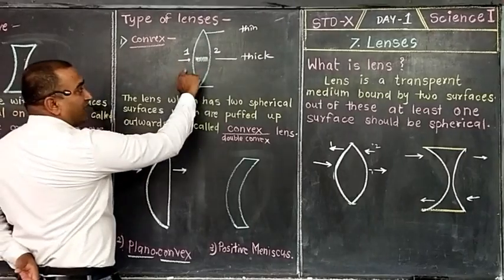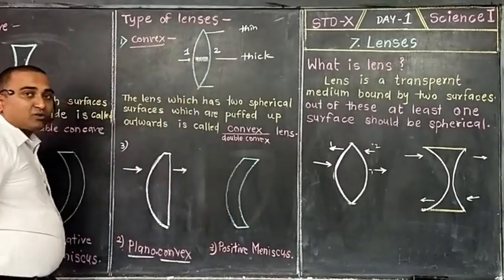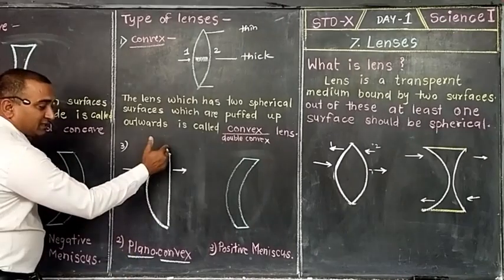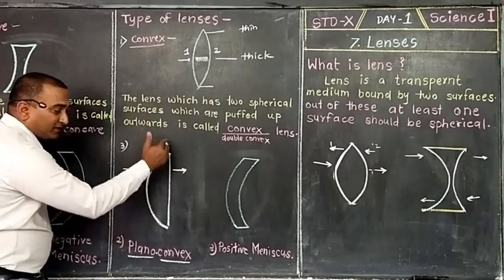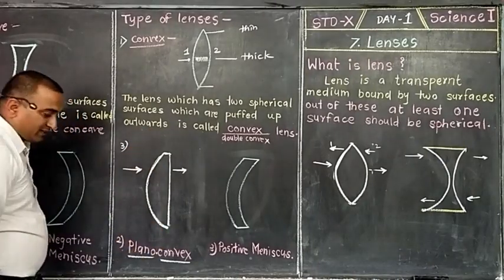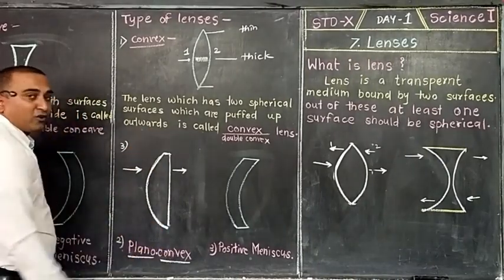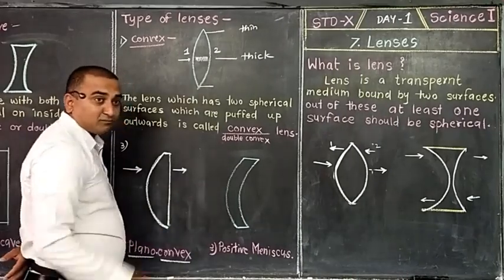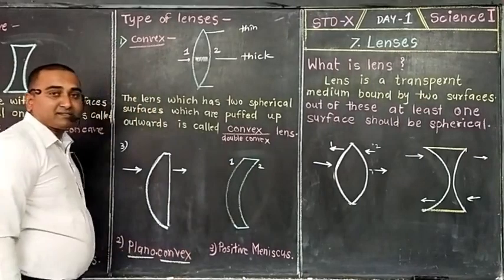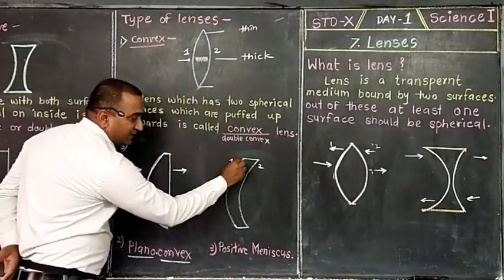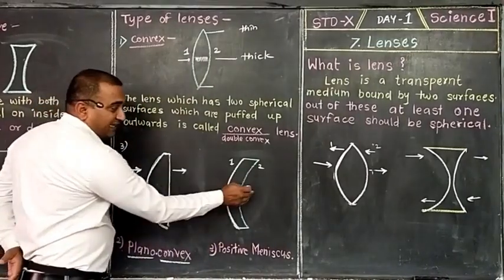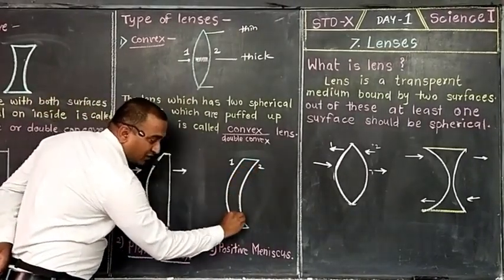When both surfaces are outwardly bulged, it is convex or double convex. When one side is plane and the second side is outwardly bulged, that is spherical, it is called plano-convex. Now see here, both parts are there. This is the first surface, this is the second surface. The first surface is convex, but the second surface is concave.